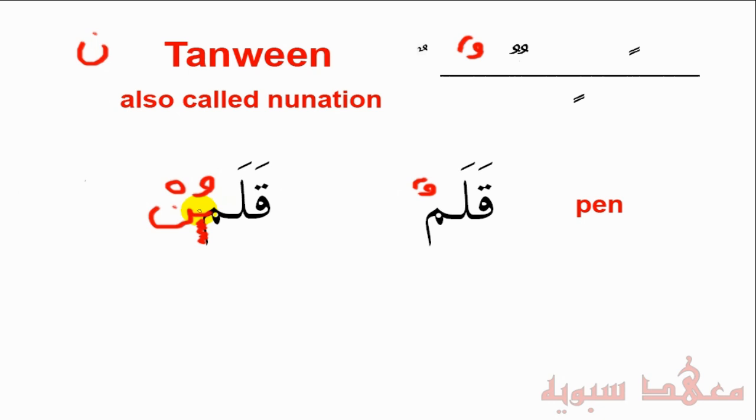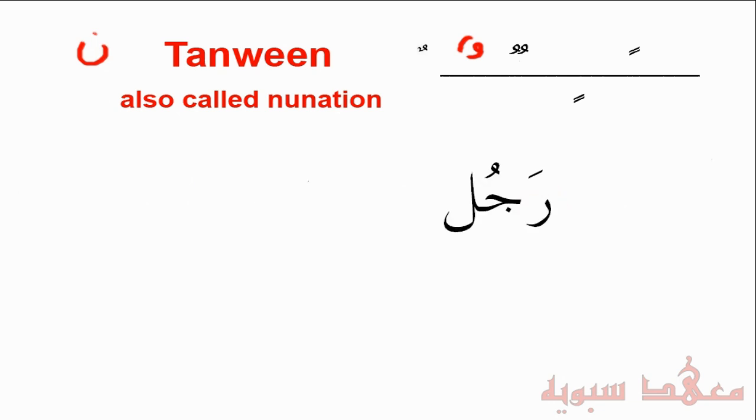Now, what does tanween indicate? The main thing it indicates is indefiniteness. So here, qalamun would be a pen. So here we have the word rajul, which means man. Now, if we want to say a man, we'd put tanween.